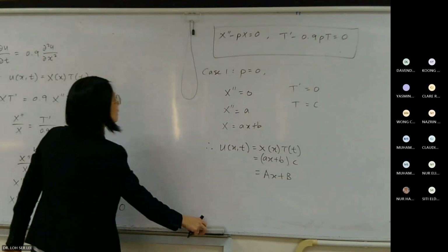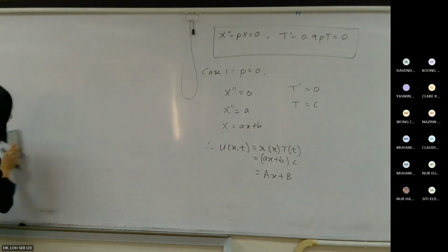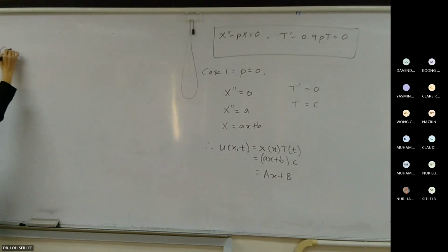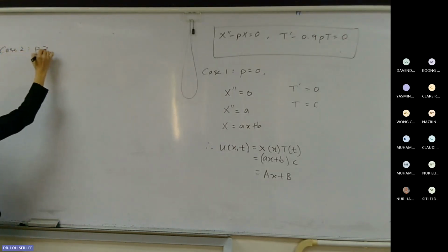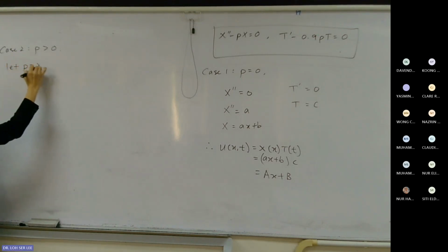Then case 2. In case 2, P is greater than 0. That means we let P be lambda squared, where lambda is positive.